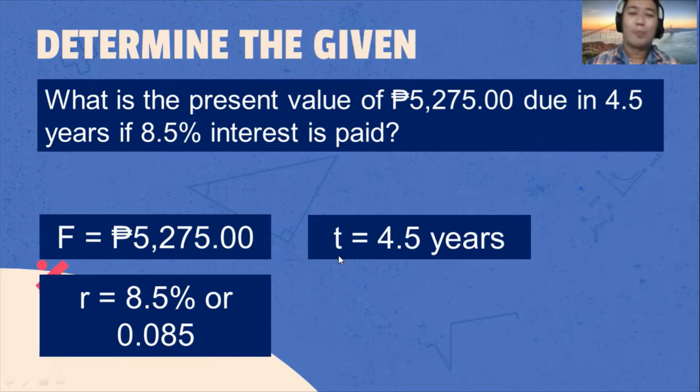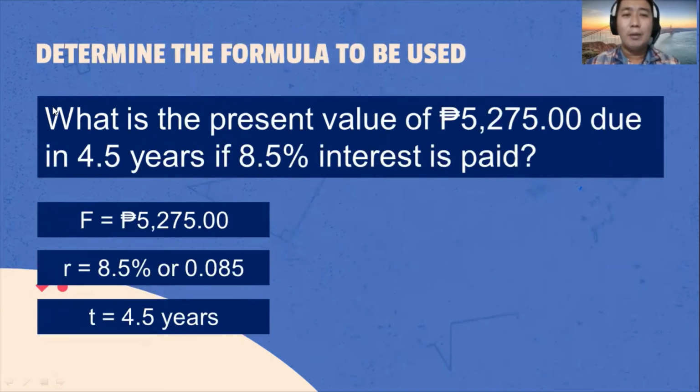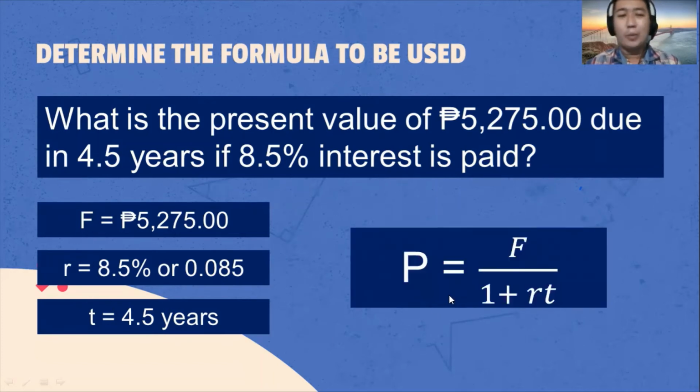And we are going to determine the principal amount. Let's now determine the formula to be used. Since we are given the final value or maturity value, and we also have rate and time, the formula that we are going to use is P is equal to F over 1 plus the product of rate and time. Let's now solve the given problem.